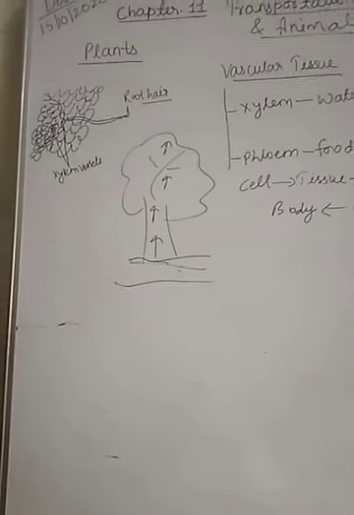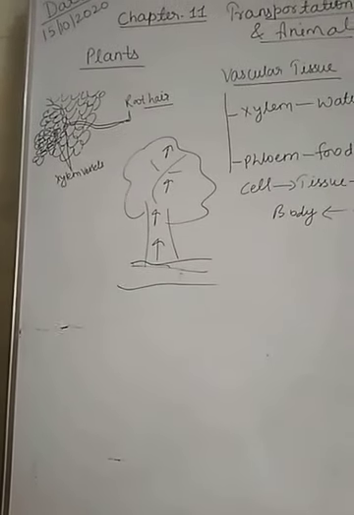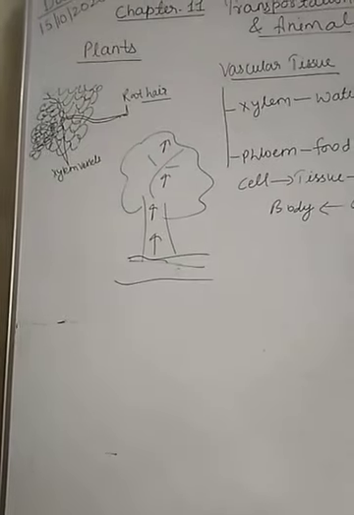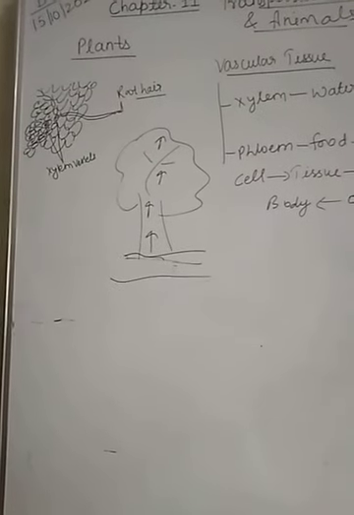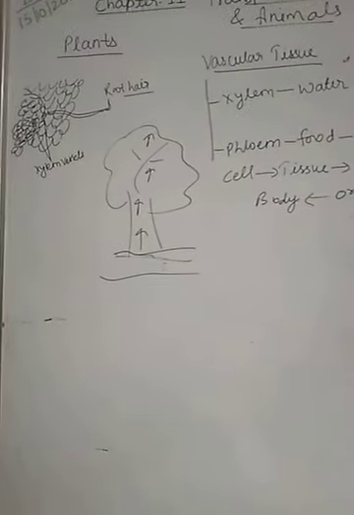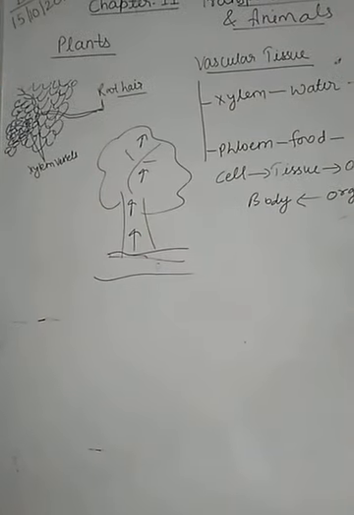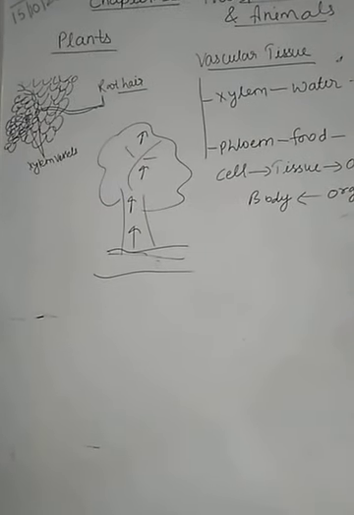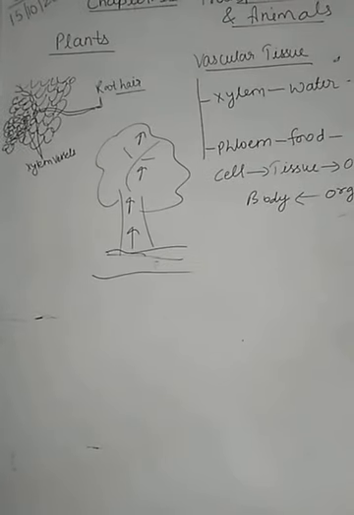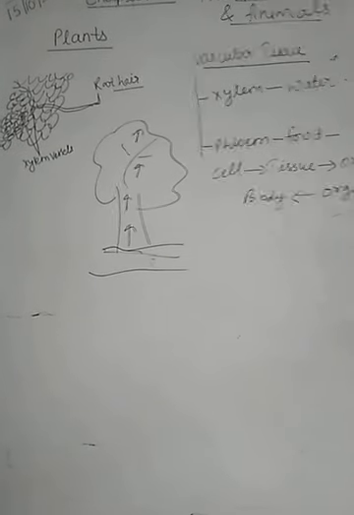The food which is synthesized by the leaves, or in some plants in the stem, is transported up to the roots with the help of another vascular tissue, phloem. And tissues are groups of cells which perform specific functions in the body.